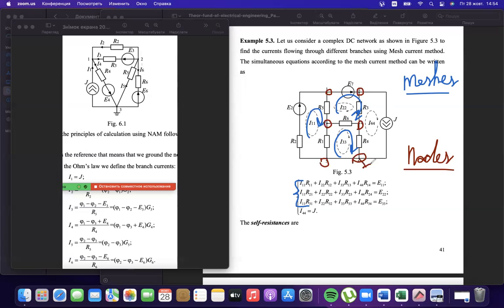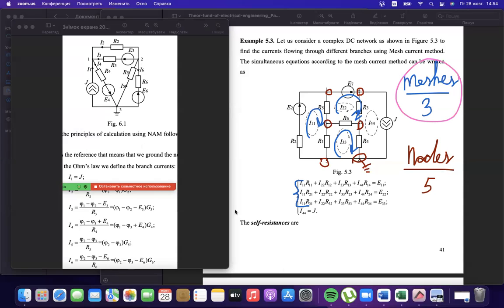One node we neglect in the system of equations. That means we have 6 minus 1, 5 equations. For the mesh approach, we have 3 equations. For the nodal approach, we have 5 equations. That is why for example number 1, the mesh approach is much better.